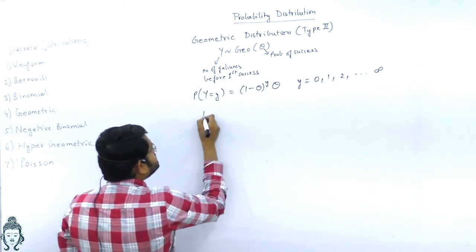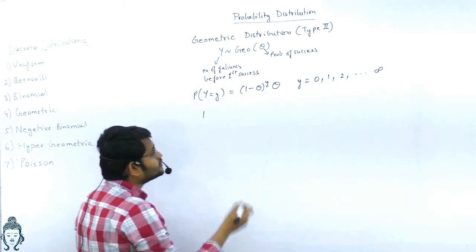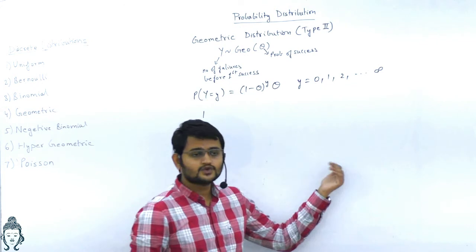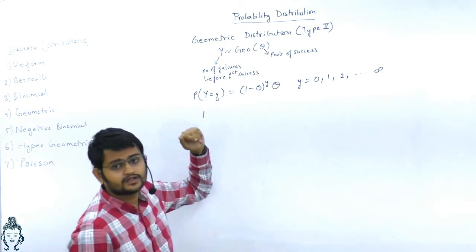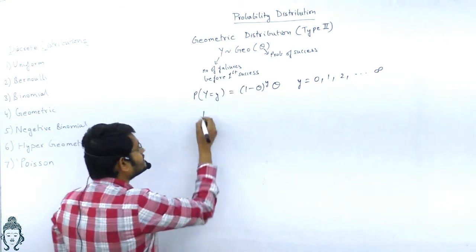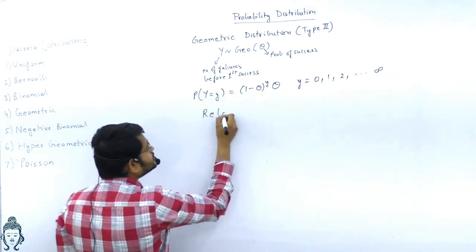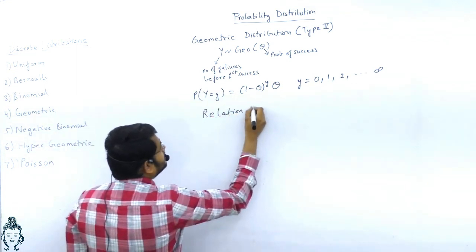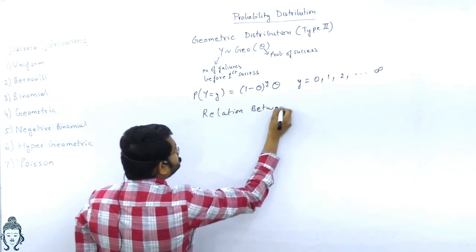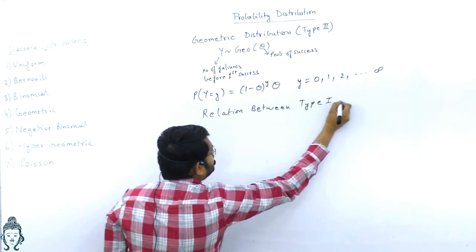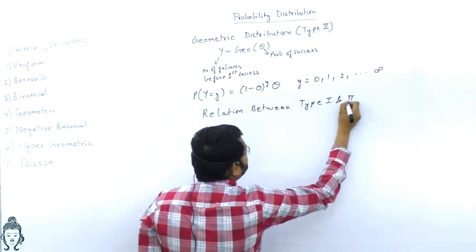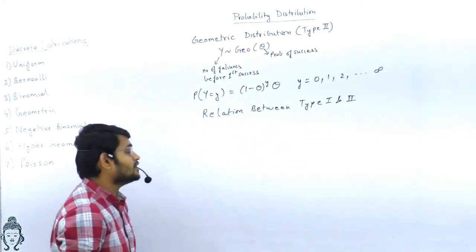Now let's find the expected value. We can use the similar method that we used to find expected value in type 1, but here we'll see a different way. We'll find a relation between type 1 and type 2.